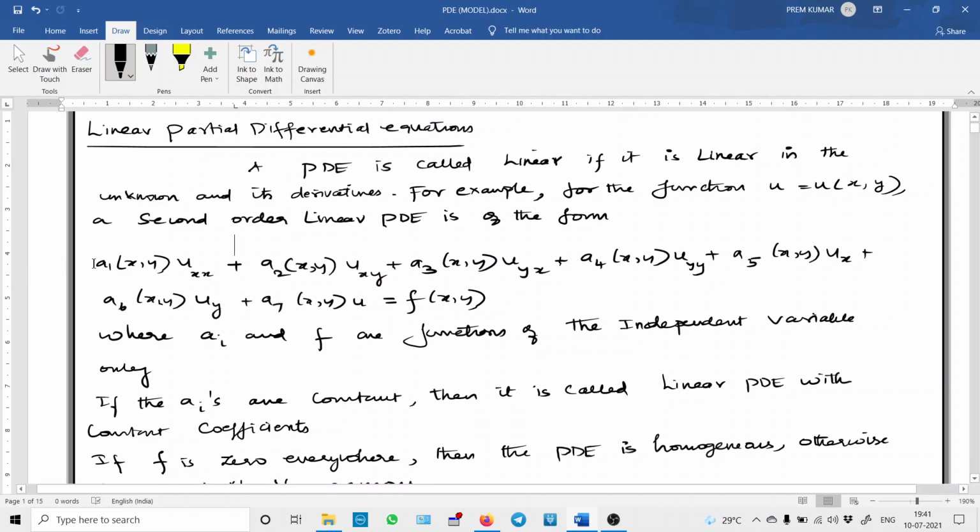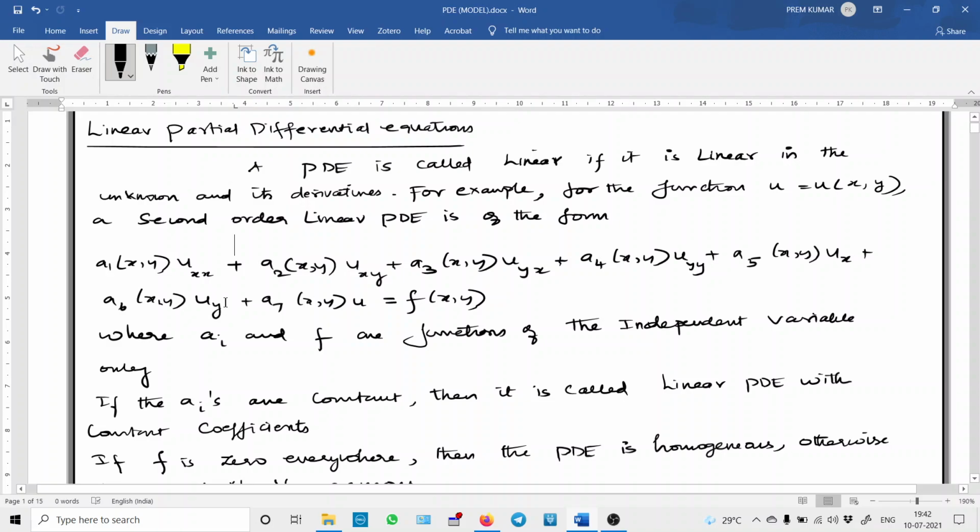Only the highest order derivative terms will be linear. And suppose we multiply u_x with u, or u_x u_y, or u_y into u, then we get non-linear terms.